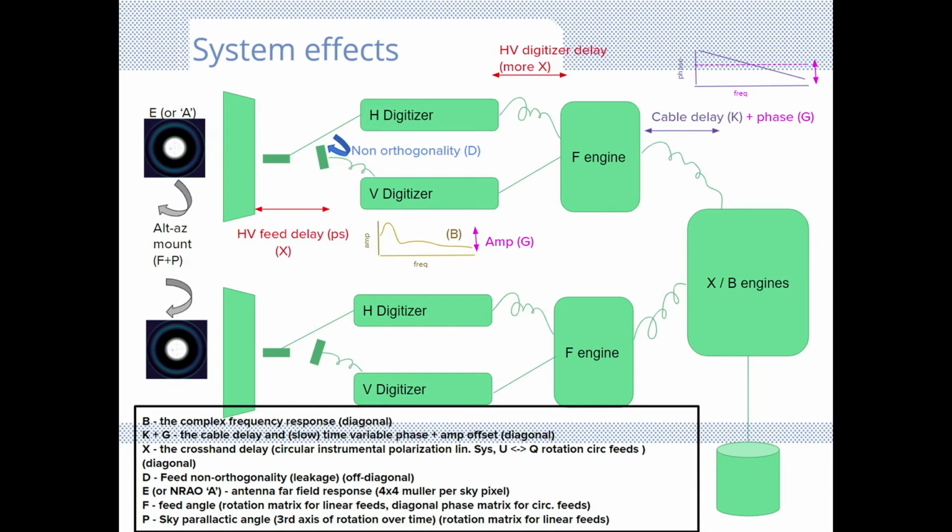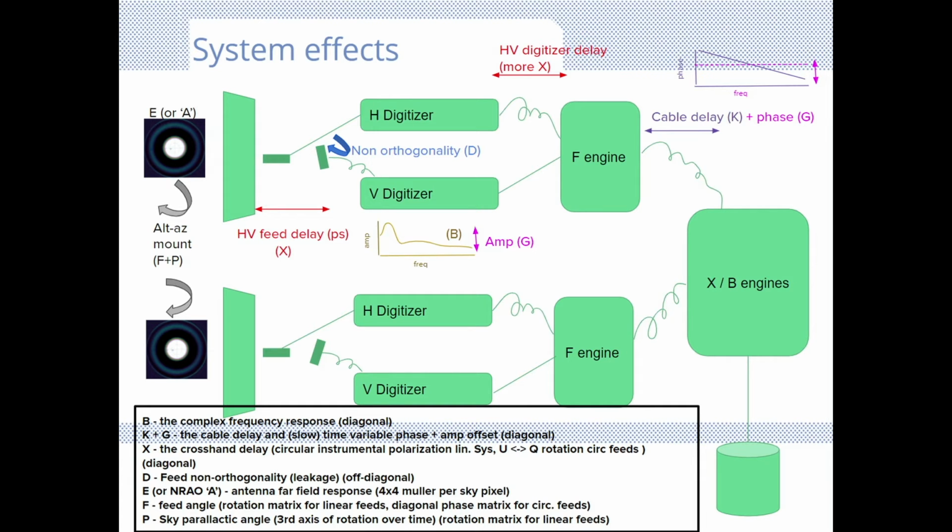Typically, because everything is enclosed in a temperature stabilized environment and the digitization system is so close to the analog system, we don't have a lot of rippling effects on the frequency response of the system, but they are there and they have to be calibrated for. These we refer to as the bandpass effects, and these are frequency variable, but usually time stable, so temporally stable. This is again an amplitude and phase effect.